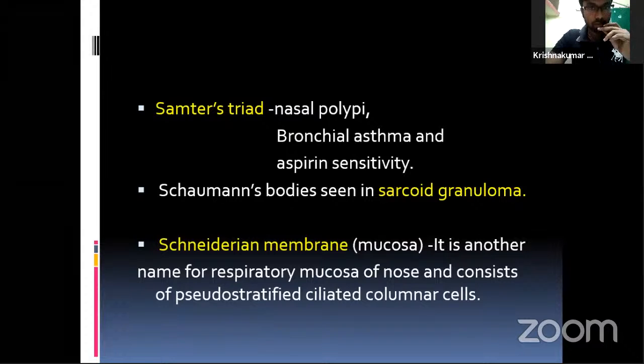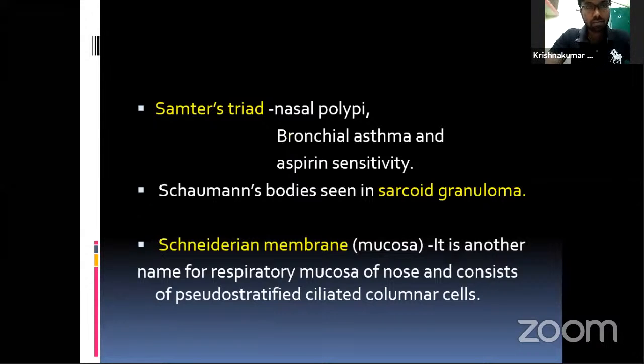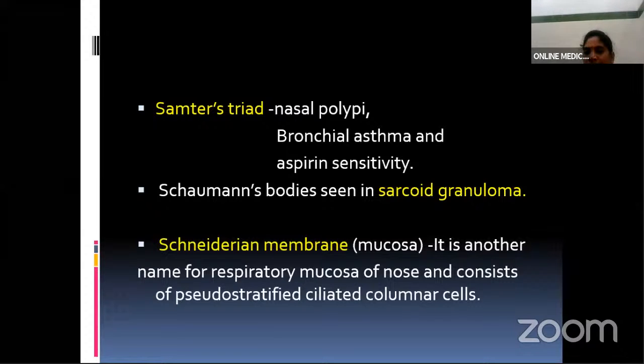Which part of the throat? Go and read. Granulomatous lesion of the nose. It is a separate long question for you, short or long question. So go and read the granulomatous lesions of the nose. It is given there. So Schaumann bodies are seen in sarcoid granuloma.